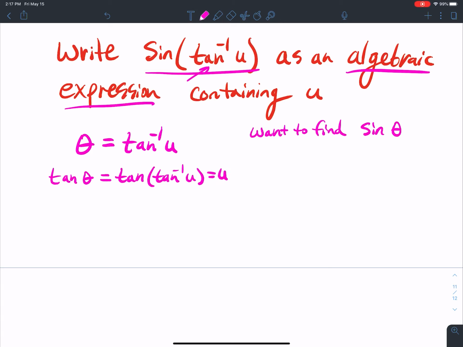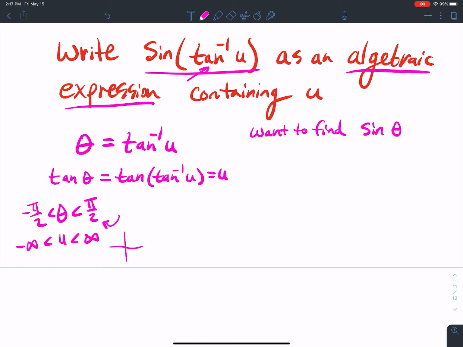Okay? This is true whenever theta is restricted between negative pi over 2 and pi over 2, and u is any real number from negative infinity to positive infinity. Now, if this happens to be the case, we know secant theta is greater than 0.